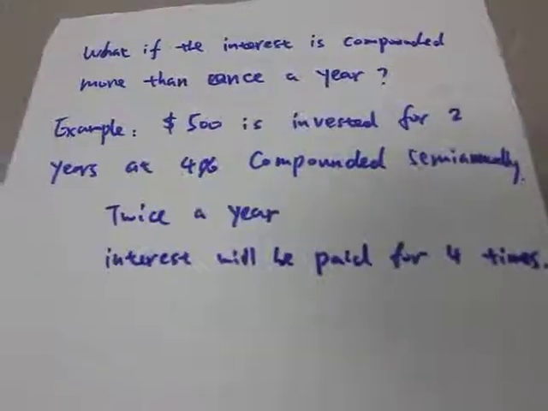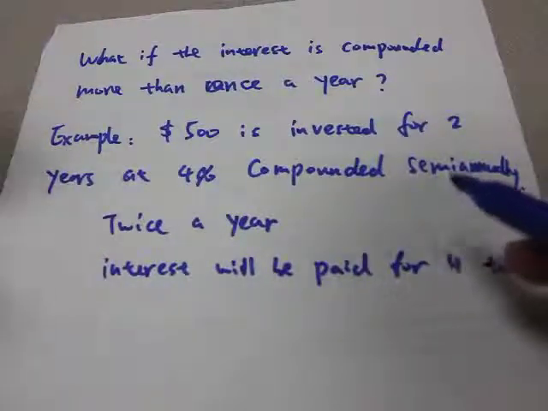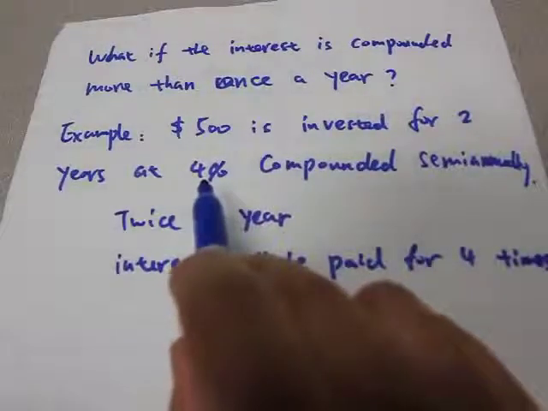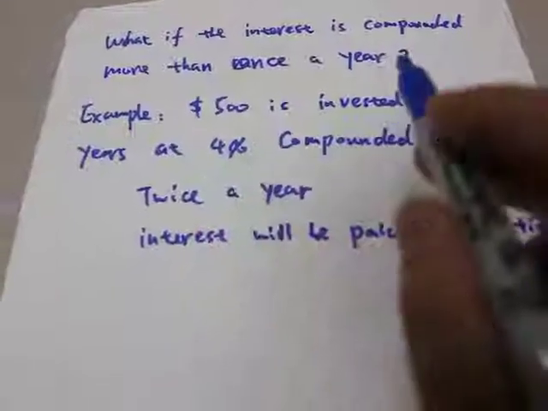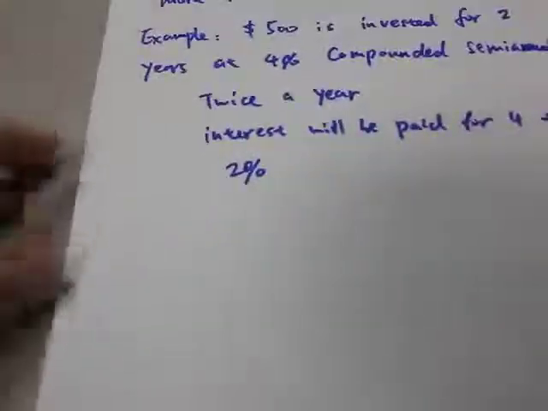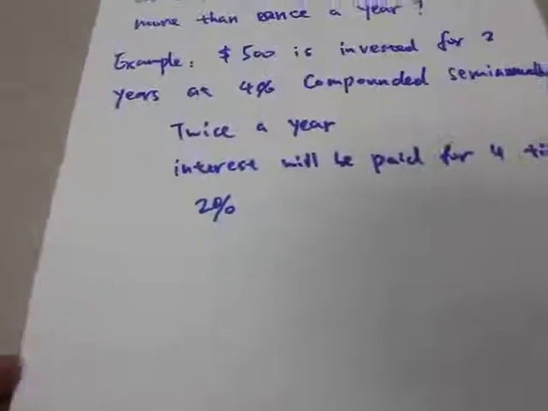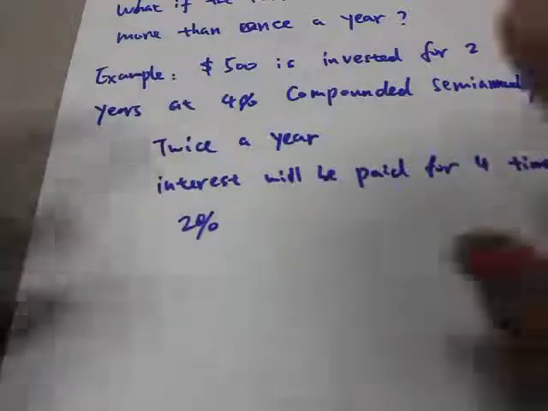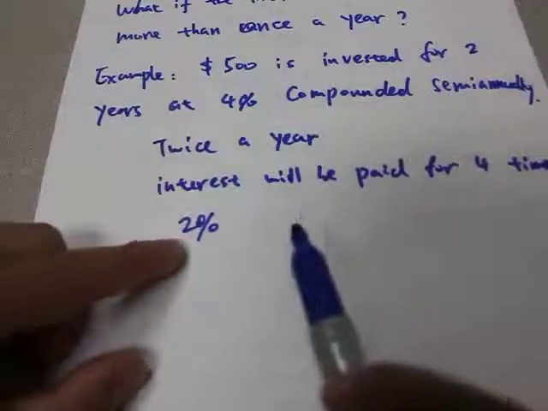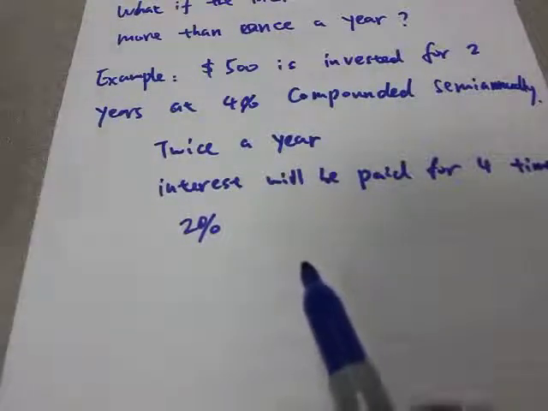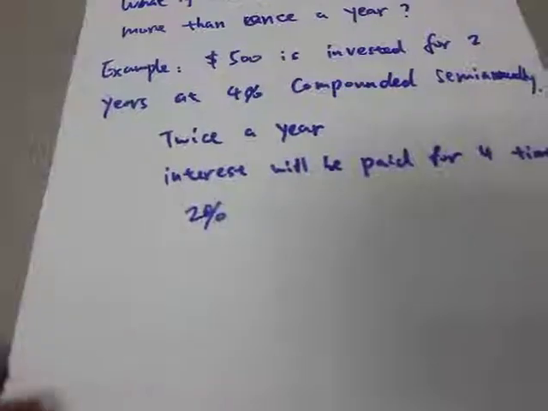And another thing is because the interest is paid twice a year, every time the interest rate is split into 2%. Because the total interest rate for 1 year is 4%, and if you pay it twice a year, each time the interest rate we're going to use to do the calculation will be 2%.